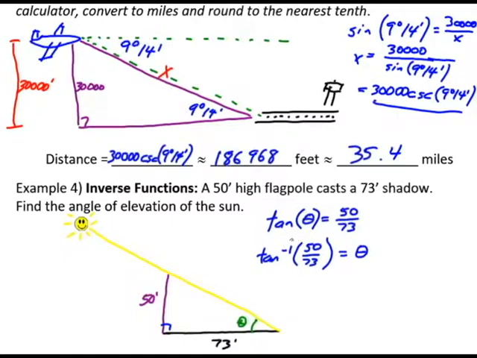Notice that we have the same -1 notation that we did for inverse functions. Remember that this is not an exponent. It's just part of the inverse notation. To avoid this, you may have also seen this written as arctangent. It is the same thing.